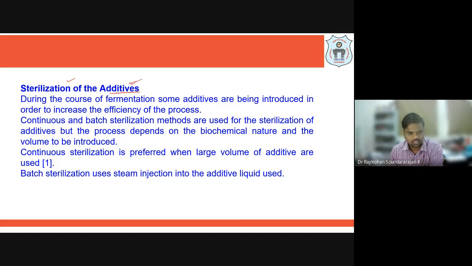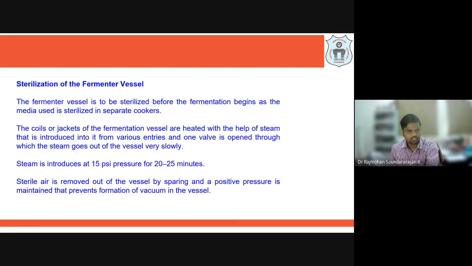Usually continuous sterilization is preferred for large scale additive addition, where a large volume of additive is being used. If you want to use batch sterilization, it uses steam injection directly into the additive liquid. So for small scale we can use steam injection, and for large scale we use the continuous sterilization process with spiral heat exchangers.